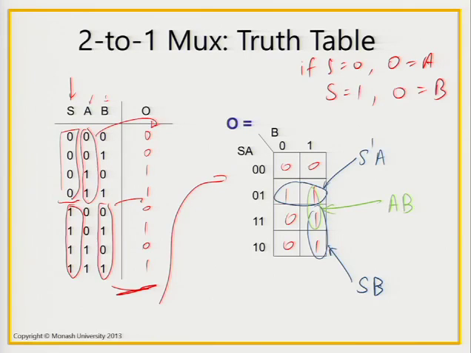So basically what I'm going to tell you is you can prove that this isn't quite correct, because if you decide to do something like, so if I had S prime A plus SB plus AB, you could simplify this using Boolean algebra simply to S prime A plus SB. And hence, this one is not minimal.